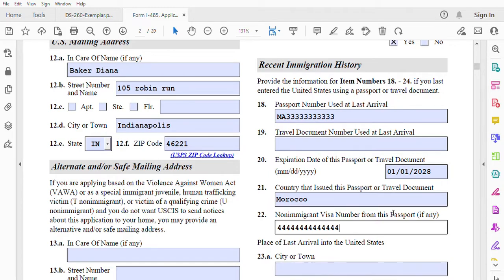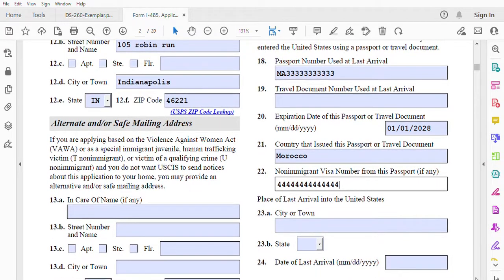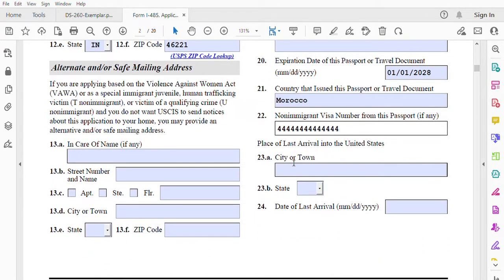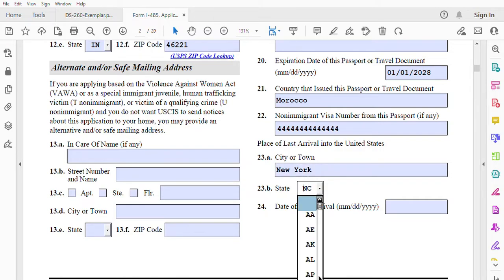City or town, place of last arrival into the United States. So we arrived at New York JFK Airport. What is your last arrival? 01/01/2023.